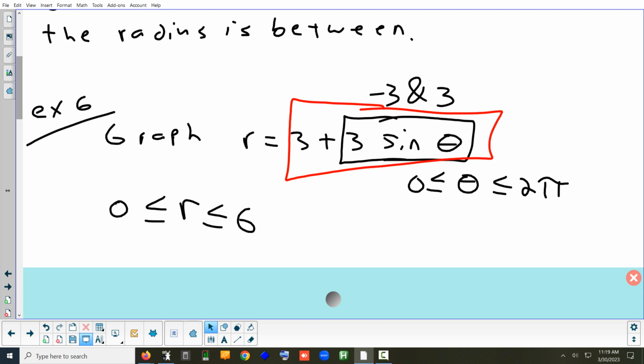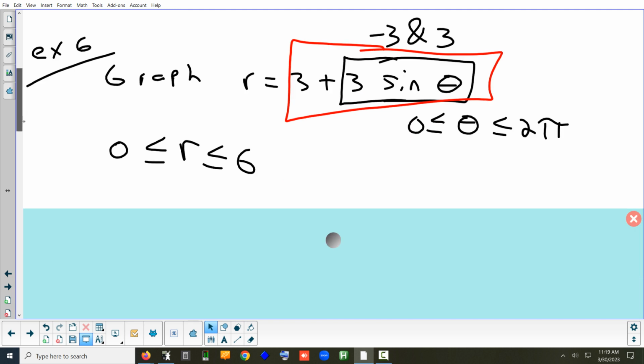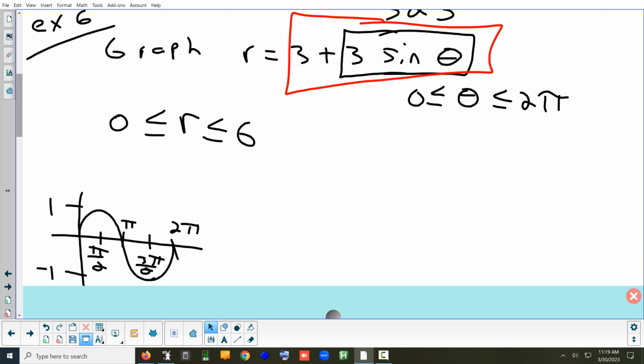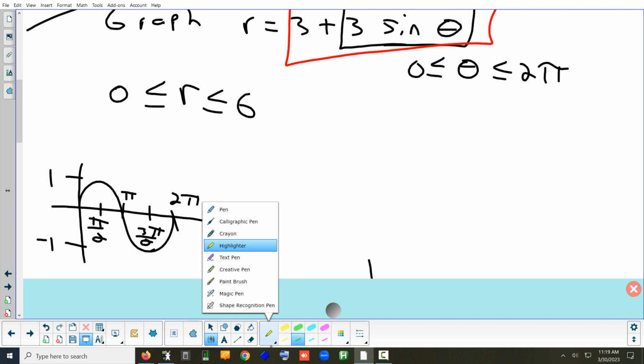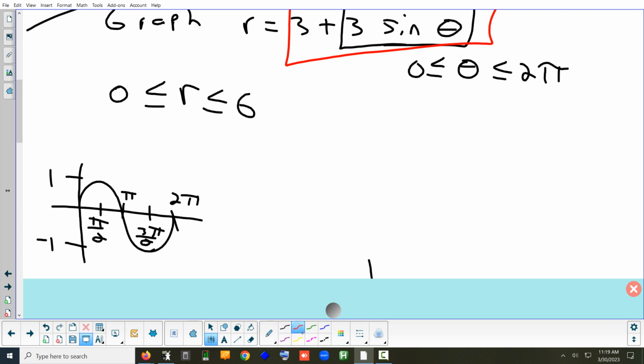It's not fixed though. If it was fixed, that's a circle. It's going to be changing, so we're going to analyze it in pieces. This is the graph of sine, and there are really 4 key sections we want to look at here. The first section is from here to here.